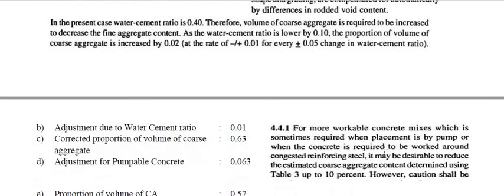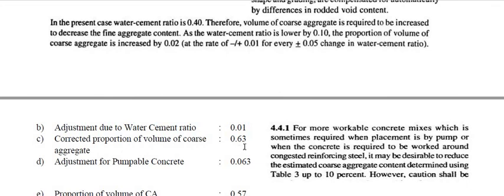Again, if pumping is done, then up to 10% will be reduced. Again, I am adding an adjustment due to water cement ratio of 0.01, because for minus 0.05 there is a change, and the water content will increase the percentage of coarse aggregate, so I am adding the 0.01.